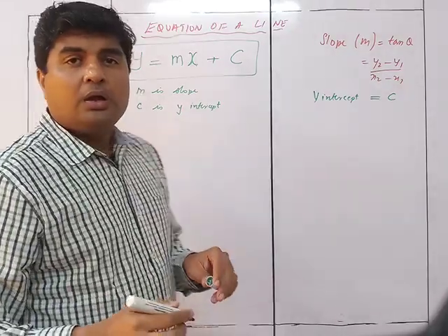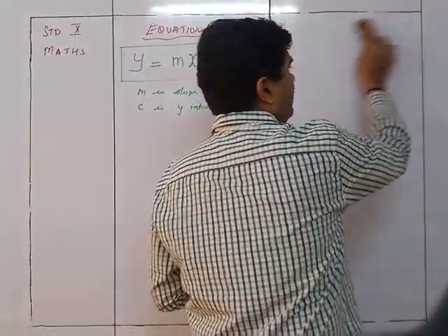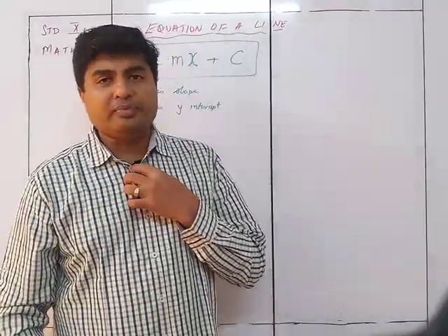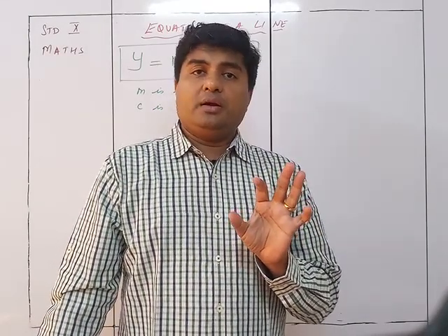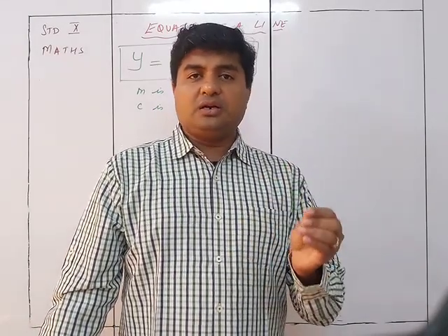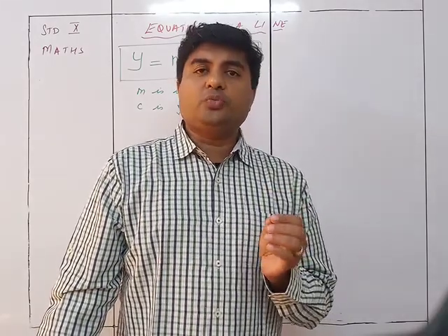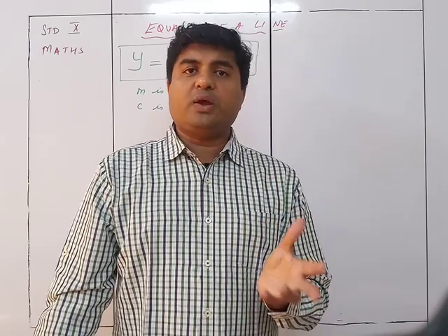So we see that when we want to form the equation of a line, you will be given certain kinds of information. Based on the information you have got, you are going to form the equation of the line.